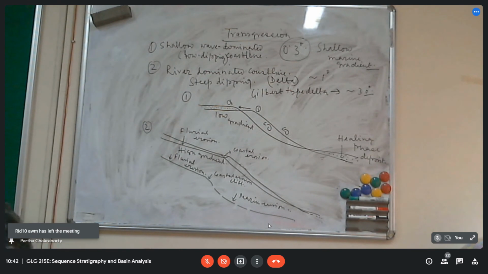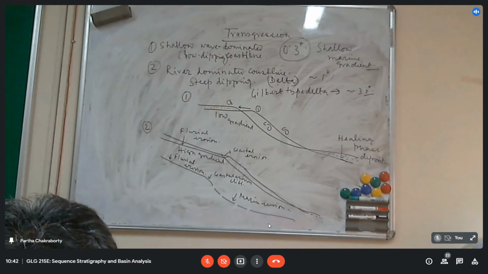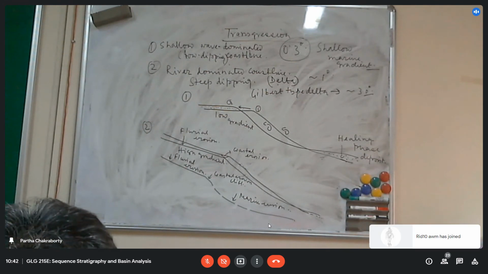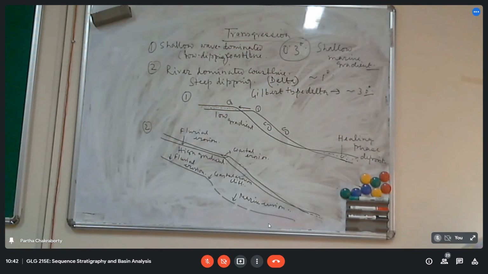The maximum regressive surface is the lower boundary of a TST, and the upper boundary is the maximum flooding surface. Am I clear? Yes, sir, clear. So the MRS and transgressive surface mark the lower boundary and the MFS marks the upper boundary.